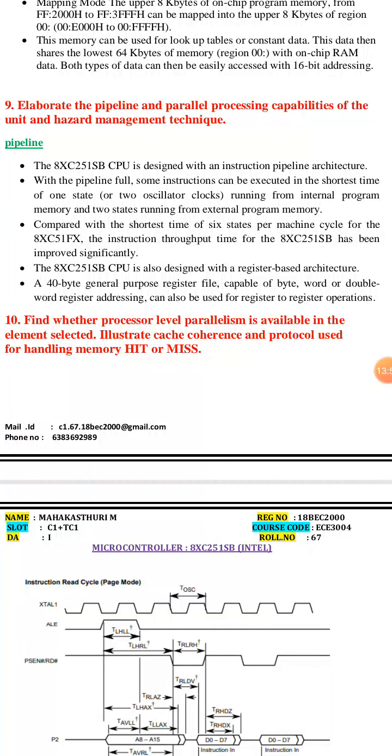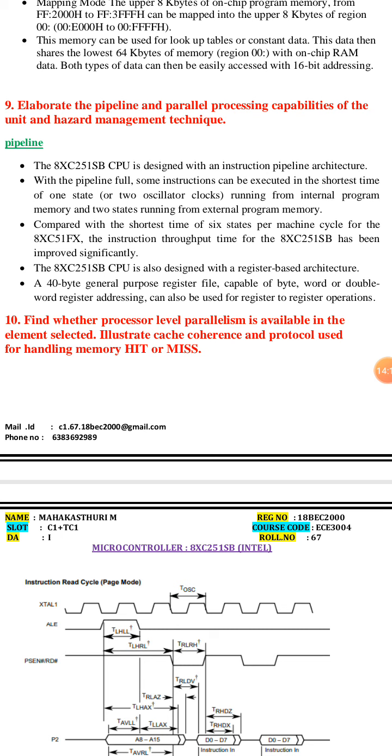The microcontroller 8xC251SP CPU is designed with an instruction pipeline architecture. With the pipeline full, some instructions can be executed in the shortest time of one state running from internal program memory and two states running from external program memory.